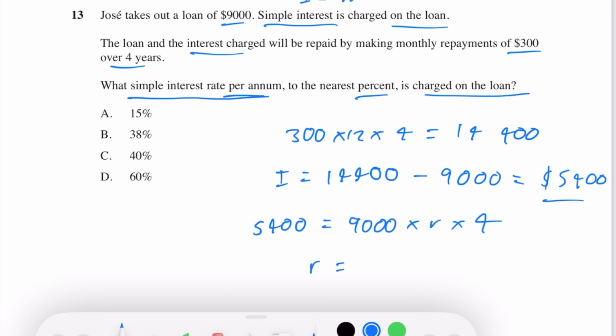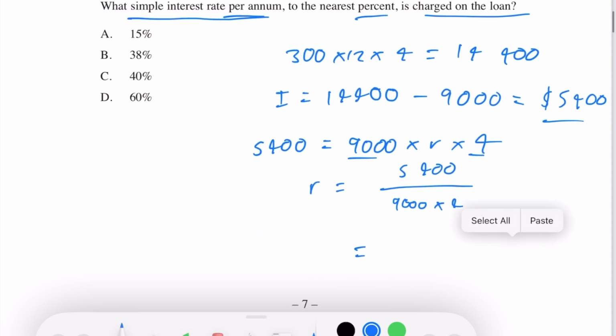So therefore R is going to be equal to 5,400 divided by 9,000 times by 4. It's going to be equal to 0.15, which is 15%. So A would be our answer.